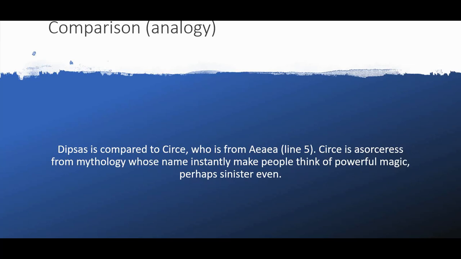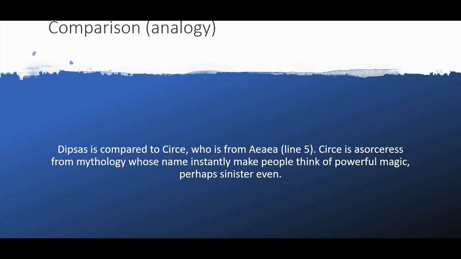And by comparing Dipsas to Circe, who is a sorceress, Dipsas would automatically gain the qualities that have been associated with Circe. So the ability to practice magic as a woman sorceress, the ability to do sort of strange things to men.